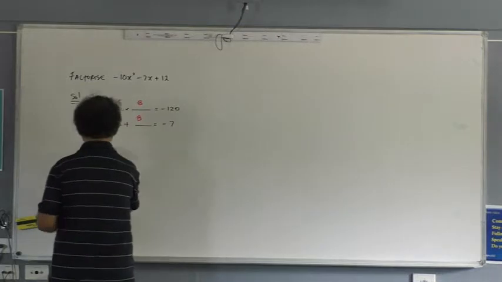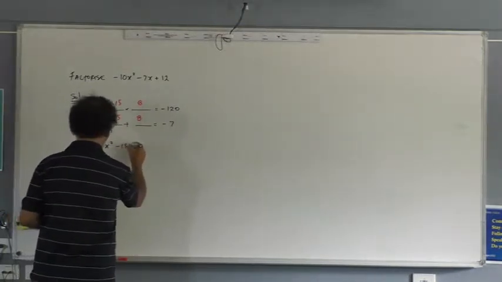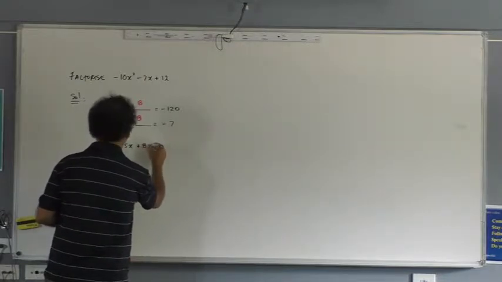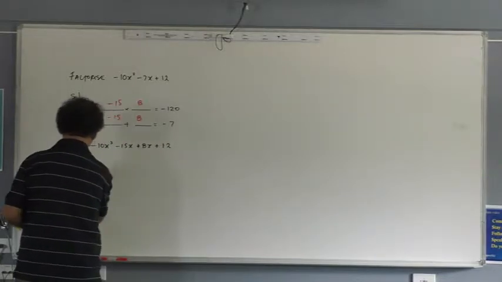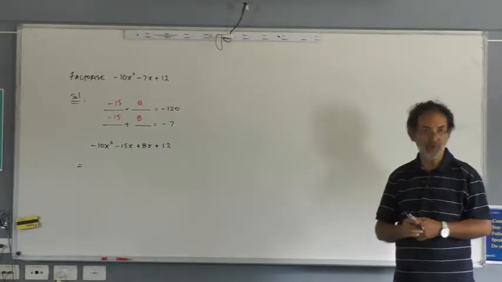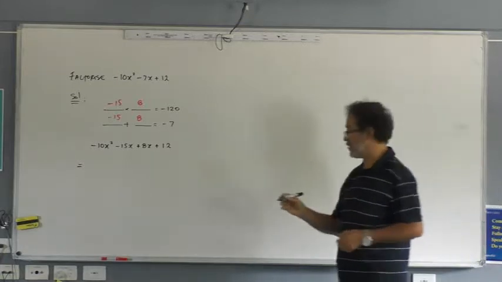So we're going to write this as negative 10x squared minus 15x plus 8x. Okay, what do we do now? Okay, so we group them.